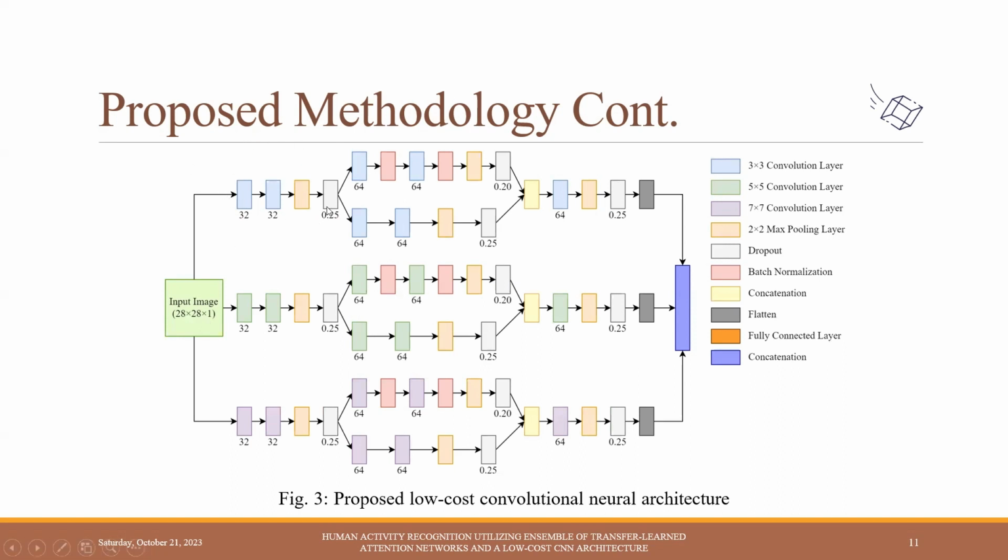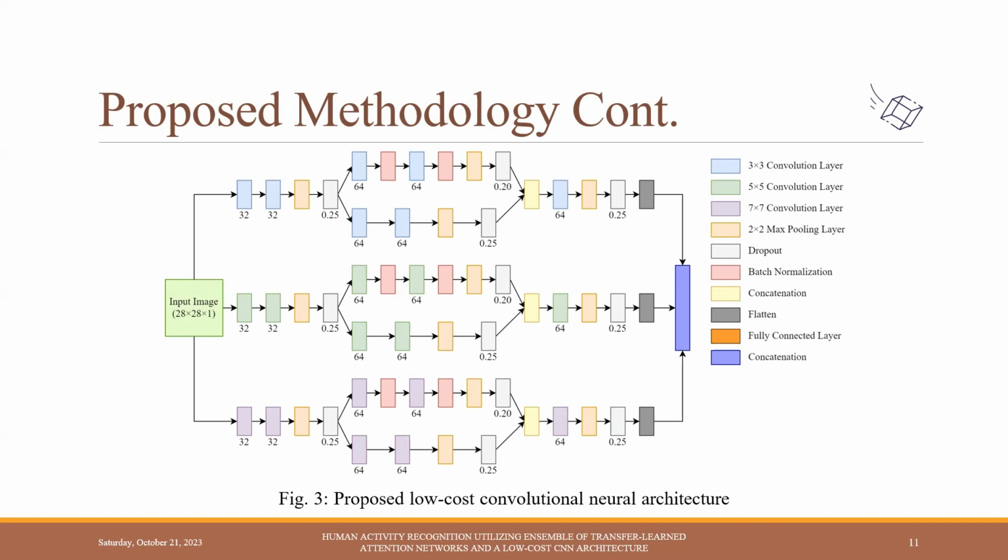So in the first branch, we basically have 3 convolution blocks. This one is the first convolution block, which has 2 convolution layers with the size of 32. So what do we mean by the size 32? By size 32, we mean that there are 32 filters in these convolution layers. So for the first convolution layer, we have 32 filters. For the second one, we also have 32 filters.